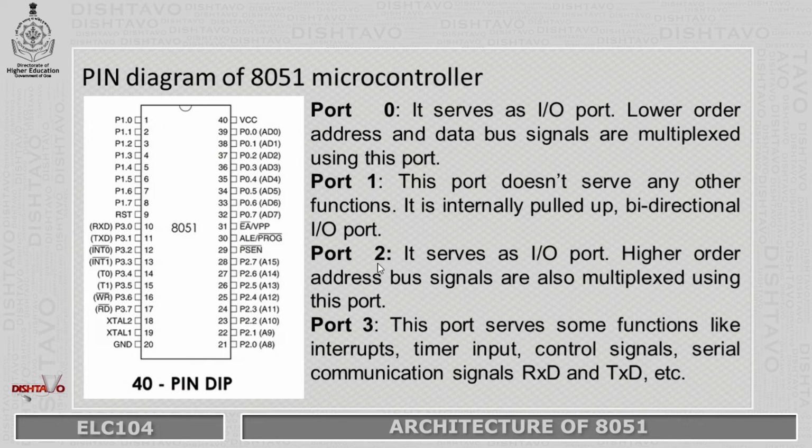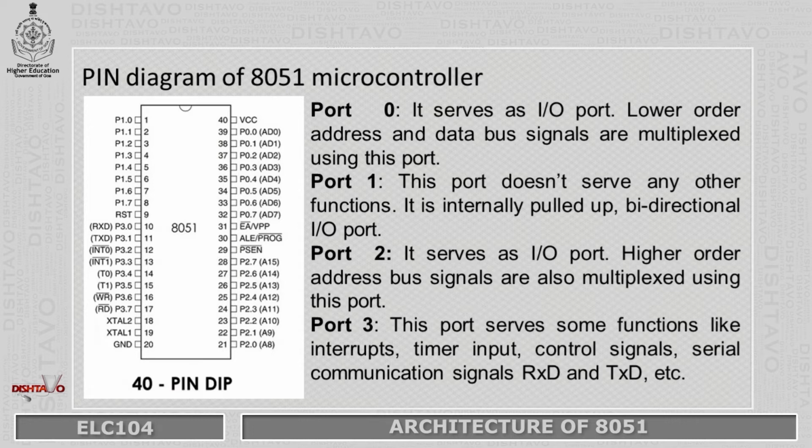So similarly, port 2, here you can see port 2 is also having 2 functions. Primary function is simple input output, and secondary function is it's meant for higher order address bus. So port 2 can also be used for external memory interfacing.